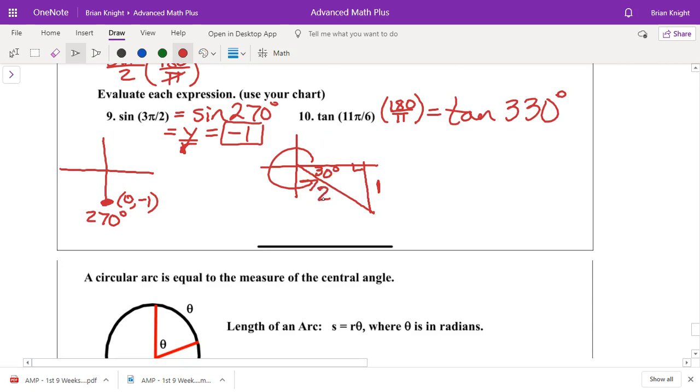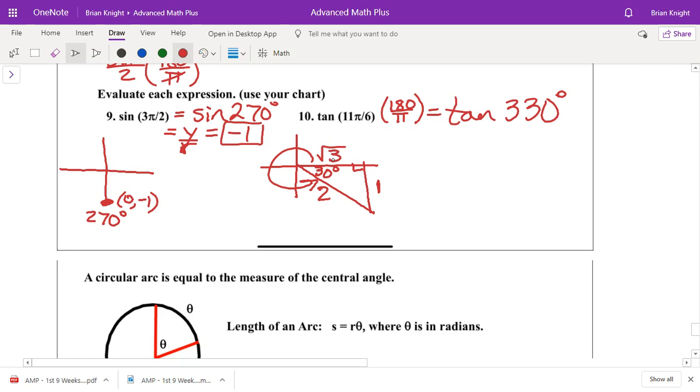And then the long leg is the short leg times the square root of 3. Every single time. So what do you do if you don't know 30, 60, 90 triangles? You need to know 30, 60, 90 triangles. Learn them.